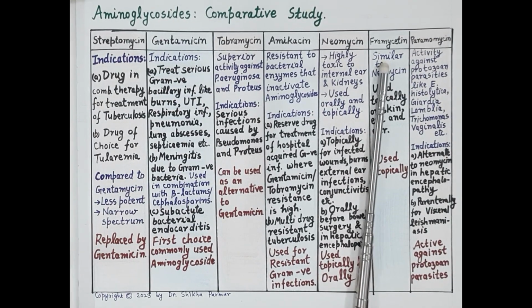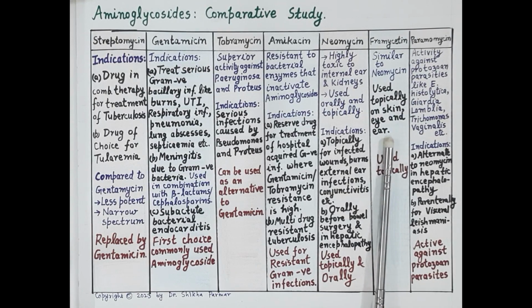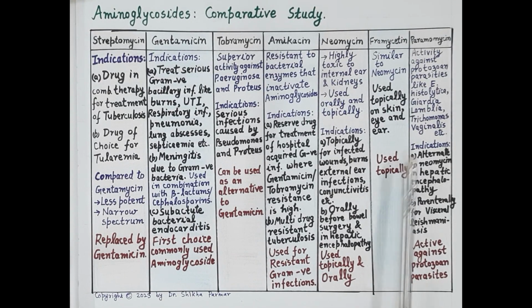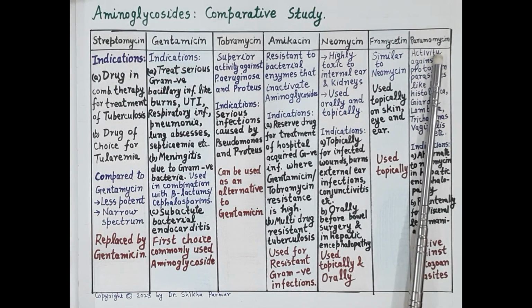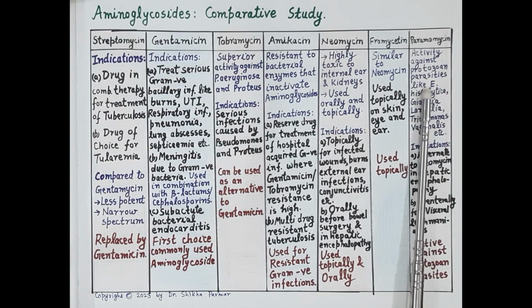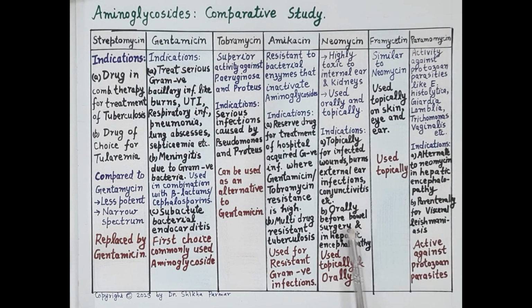Now, the next aminoglycoside is framycetin. Framycetin is similar to neomycin. It is also used topically for skin, eye and ear infections. So, framycetin is used topically. Then the next aminoglycoside is paromomycin. Paromomycin is the only aminoglycoside that shows activity against protozoan parasites like Entamoeba histolytica, Giardia lamblia, Trichomonas vaginalis, etc. Indications of paromomycin: as an alternative to neomycin, it can be used in hepatic encephalopathy.